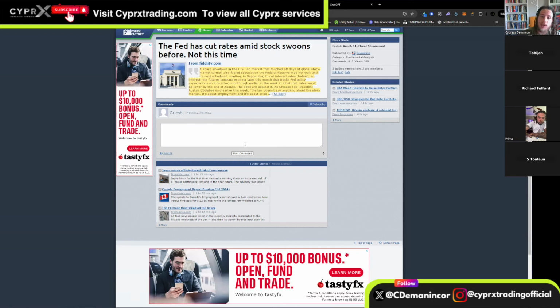You can see in this report, it says a sharp slowdown in the US jobs market, as I mentioned. The US jobs report today still came out in recessionary territory above the 221,000 threshold, healthier than previous releases. Okay.